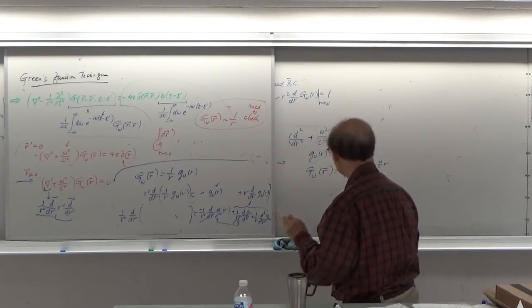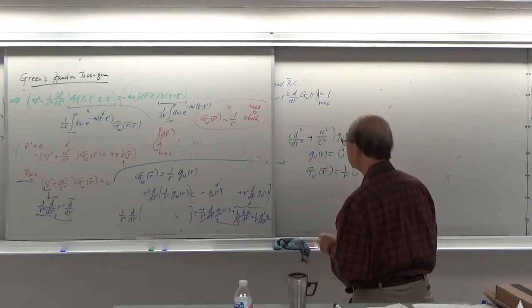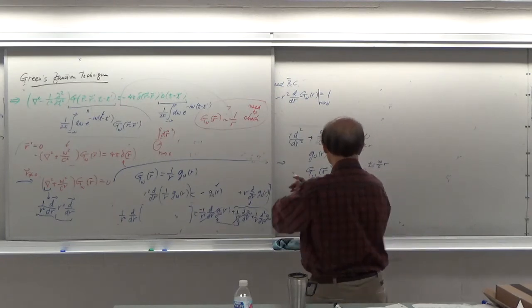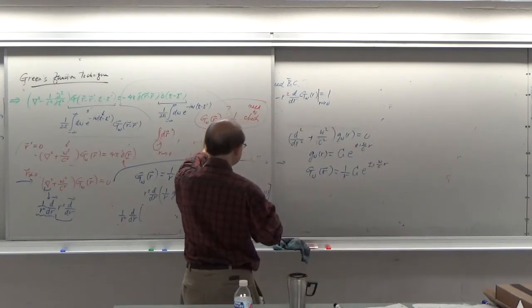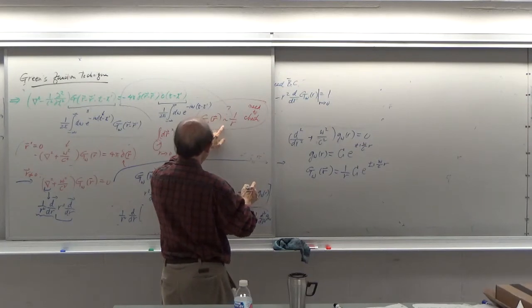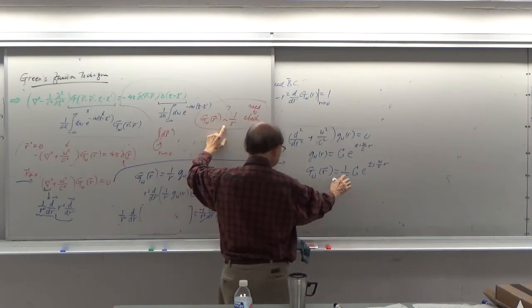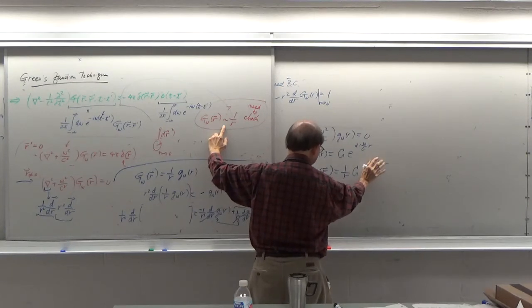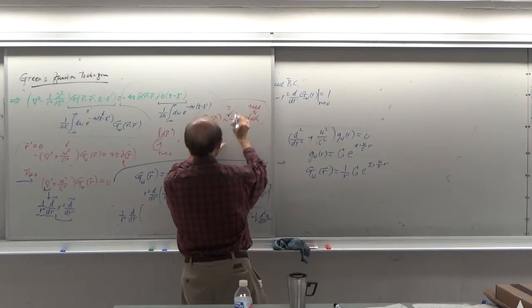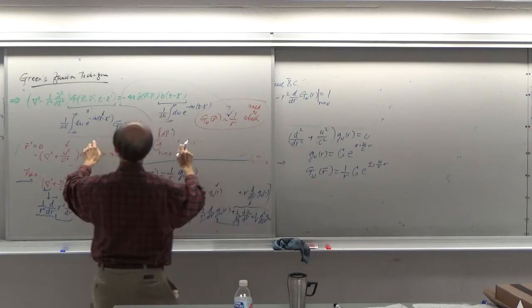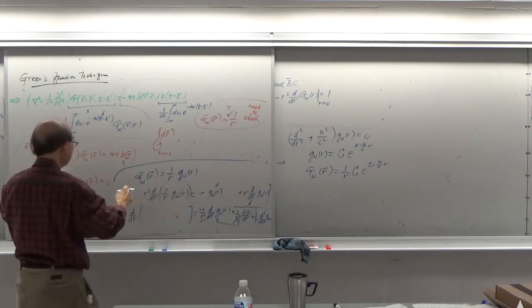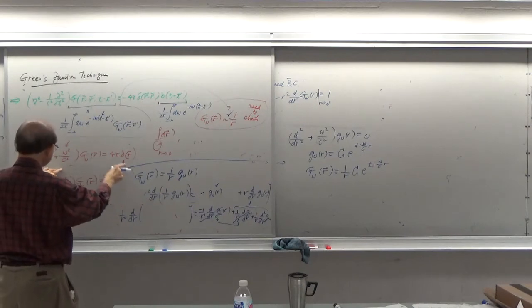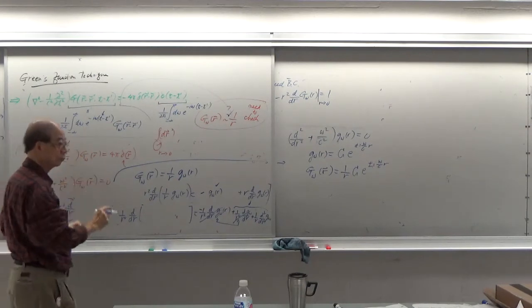Almost done. Now what do I want? First of all, I want to check that this is correct. Look at this: when r is small, indeed it equals 1 over r, since when r is small this can be neglected. So this is correct. Since this is correct, when we integrate this equation we can ignore this term.